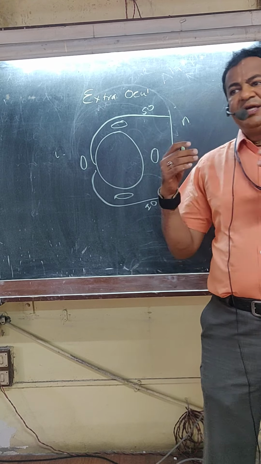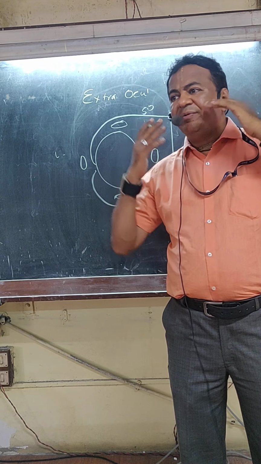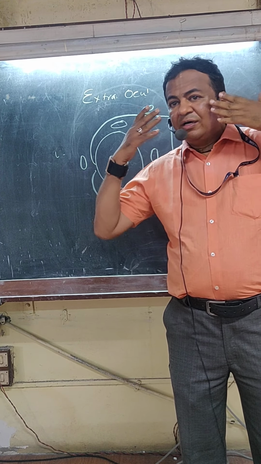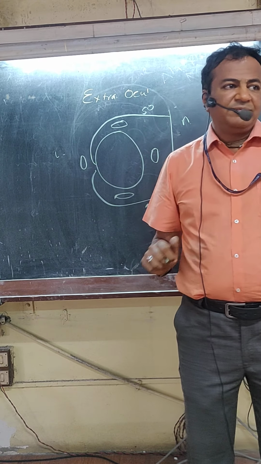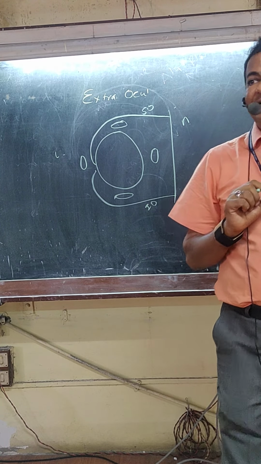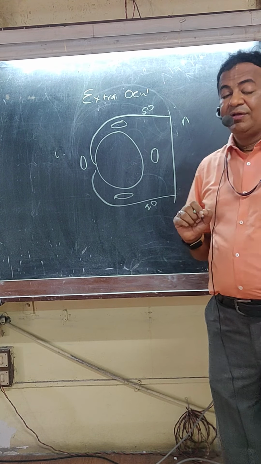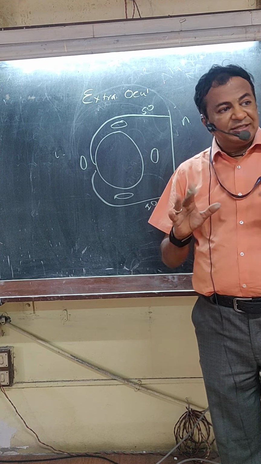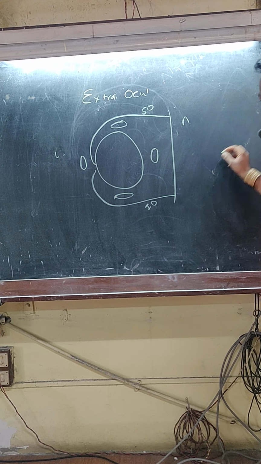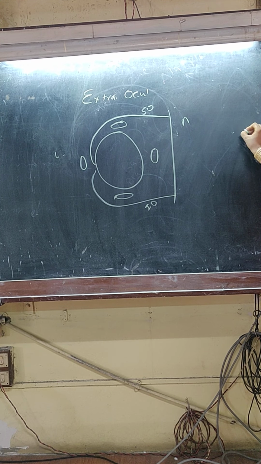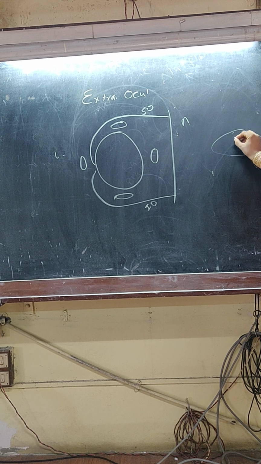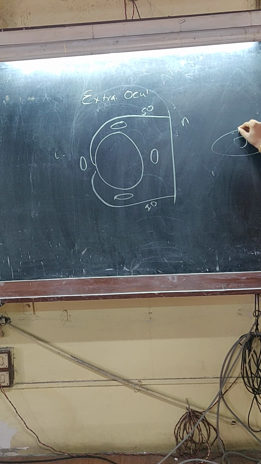Approximately 5 to 6 millimeters behind that they are attached. Each has a specific distance. We cannot see them so easily, but in dissection you will be able to see. So suppose this is the eye and this is the cornea, so they are attached like this.